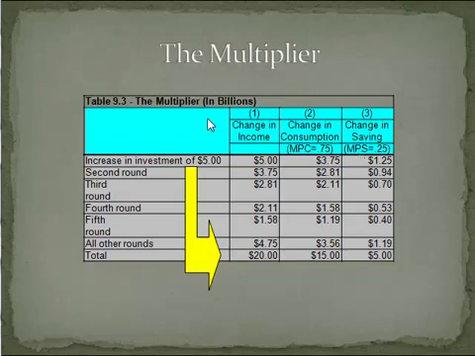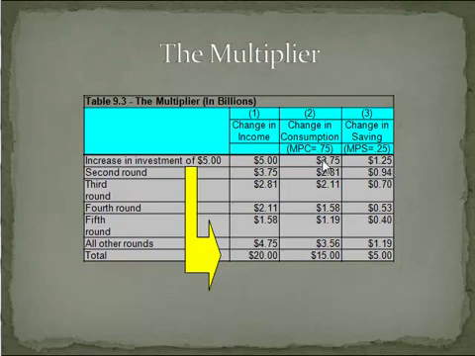Well, let's say that we inject an additional $5 billion into the U.S. economy in terms of spending. And to make it simple, I'm just going to call that $5. So if there's $5 billion or $5 change in income, that means that $3.75 of that will be consumed at a marginal propensity to consume of 75%, and $1.25 of that will be put away in savings.